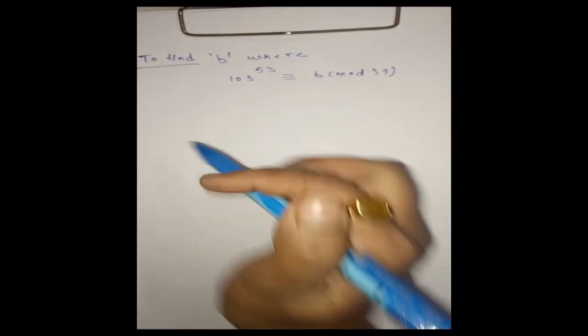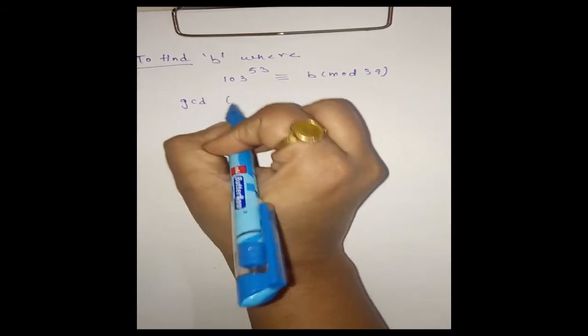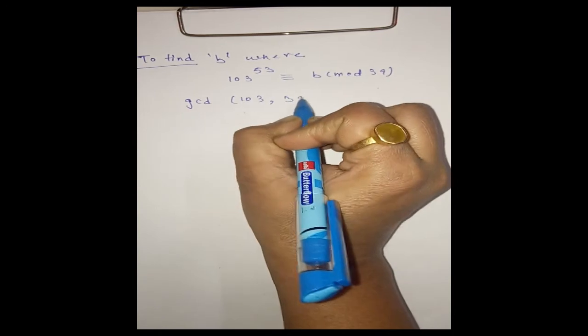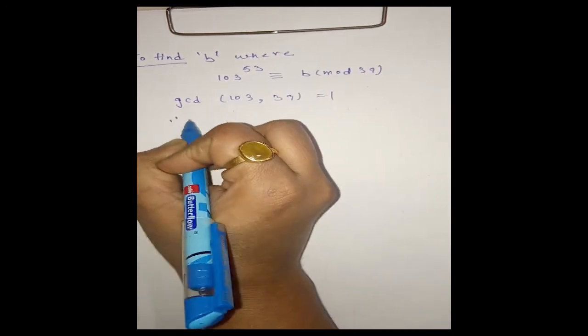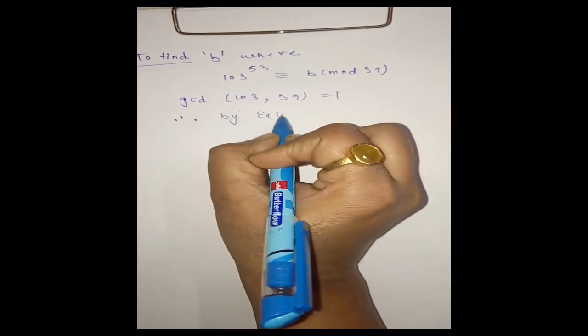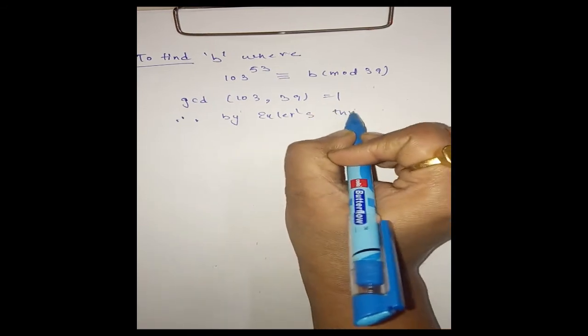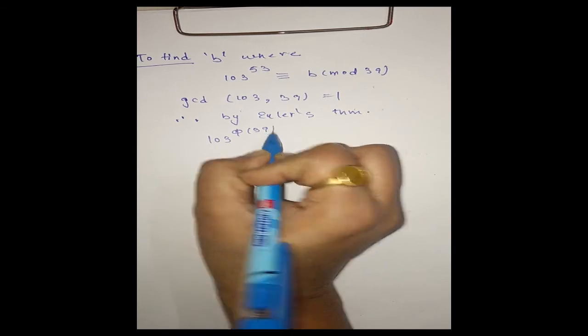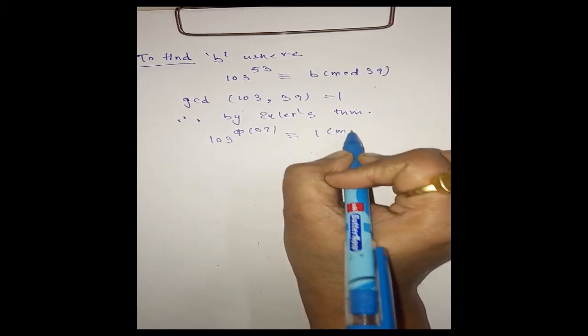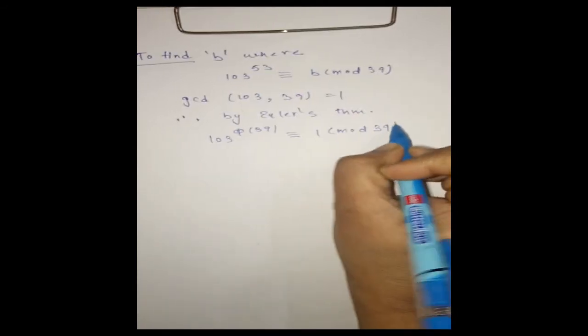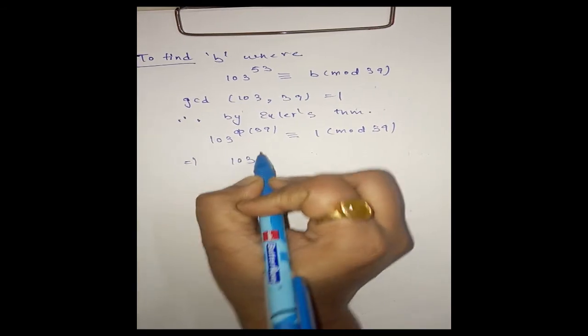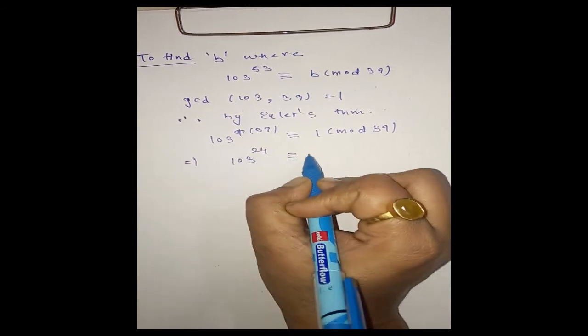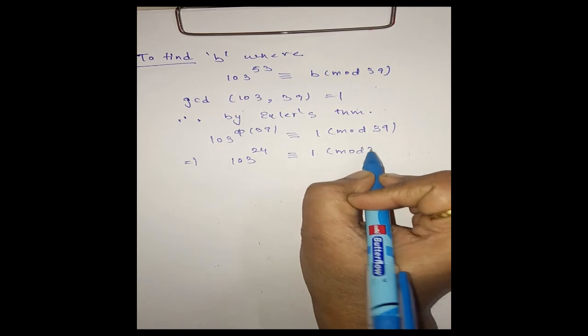Again here also, GCD of 103 and 39 is 1. Therefore, by Euler's theorem, we have 103 power phi of 39 is congruent to 1 modulo 39. That is 103 power 24 is congruent to 1 modulo 39.